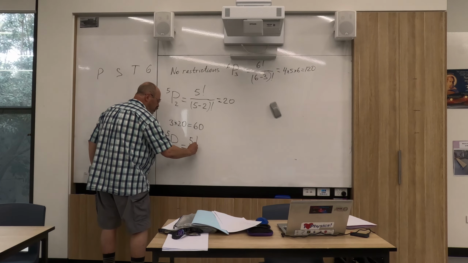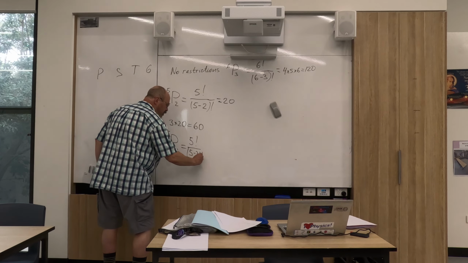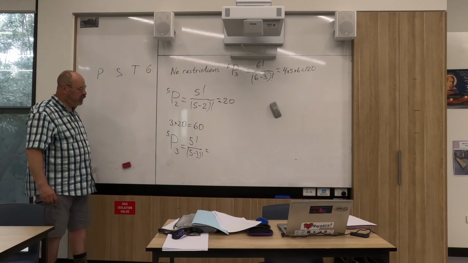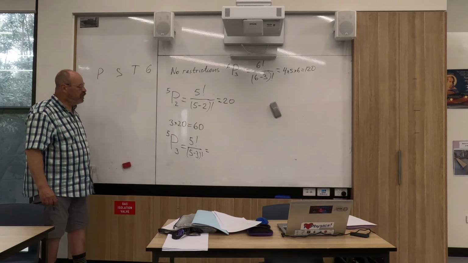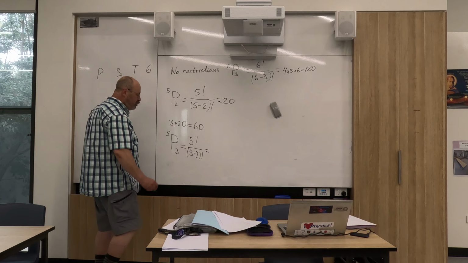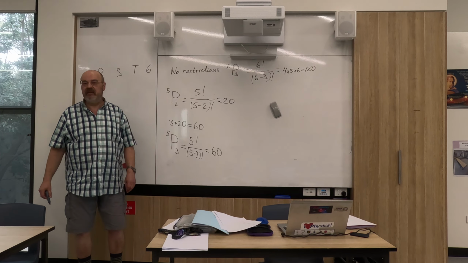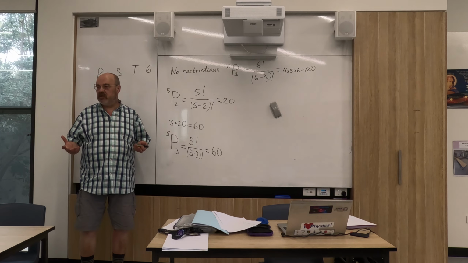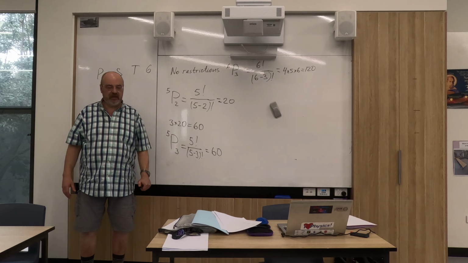That is 5 factorial divided by 5 minus 3 factorial, which is 3 times 4 times 5, equal to 60. Make sense? That's how we deal with permutations with like objects, or with restrictions.